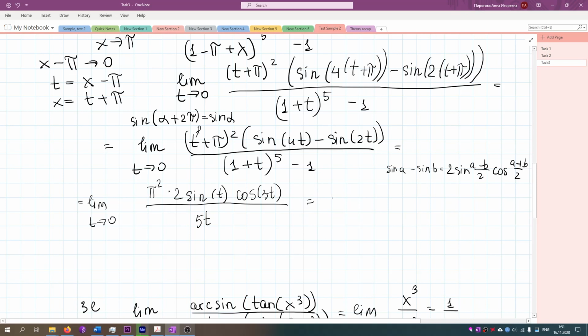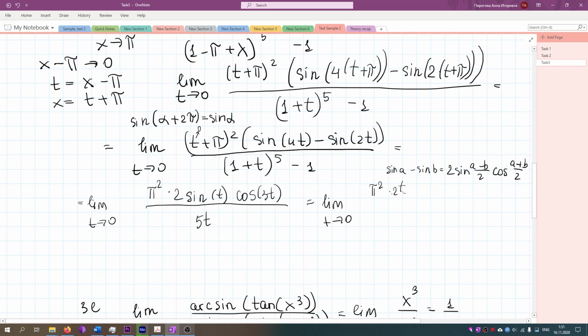So let's simplify our limit, and we will get y squared 2. Instead of sine, we will write just t as an equivalent function.